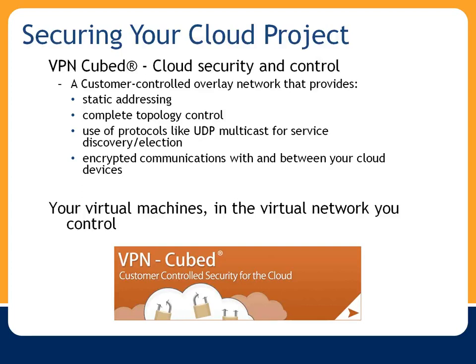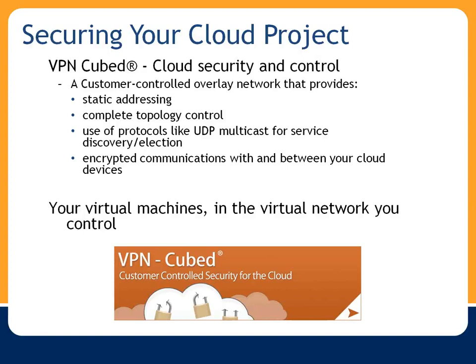Amazon obviously has a fantastic quality data center. It has all sorts of capabilities, and we're not saying that it's insecure. What we're saying is that what you need is an overlay network that gives you control. You want to have the ability to have static addressing. You want to be able to have topology control.